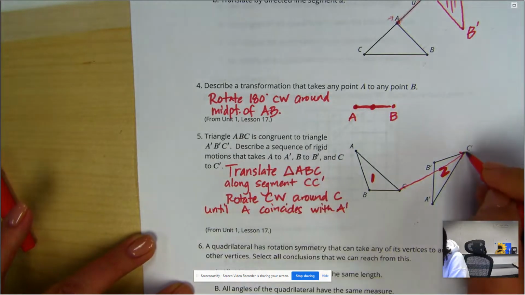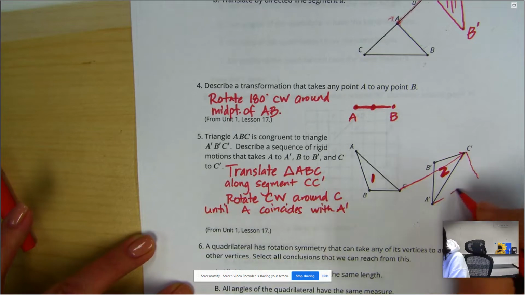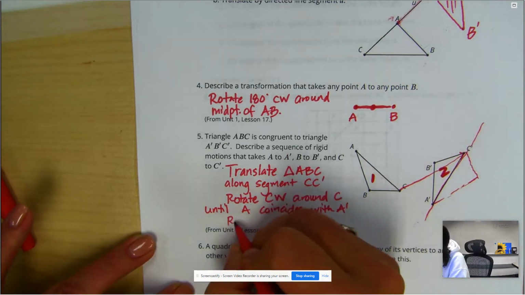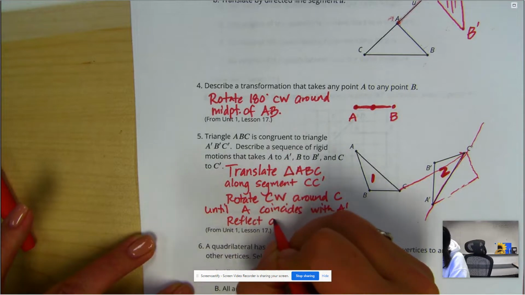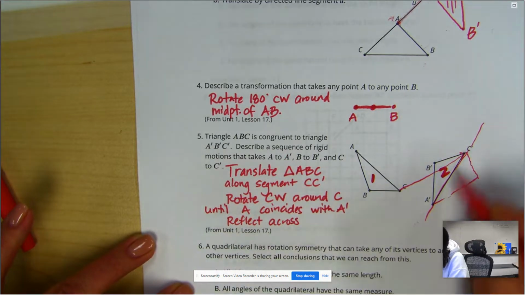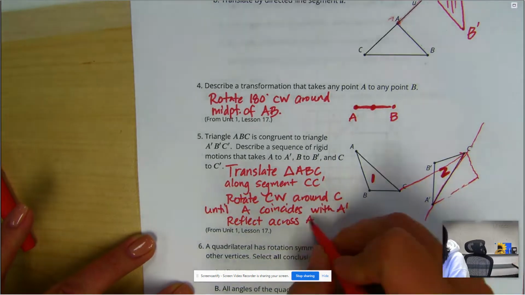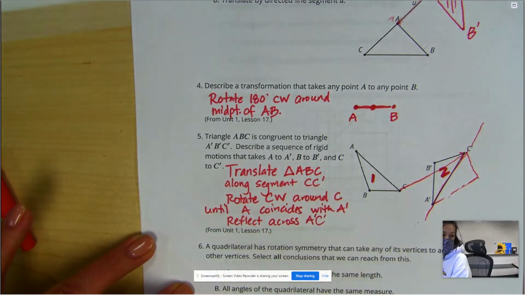And that gave me this. And then I reflected across this right here. Reflect across A prime, C prime, or AC.